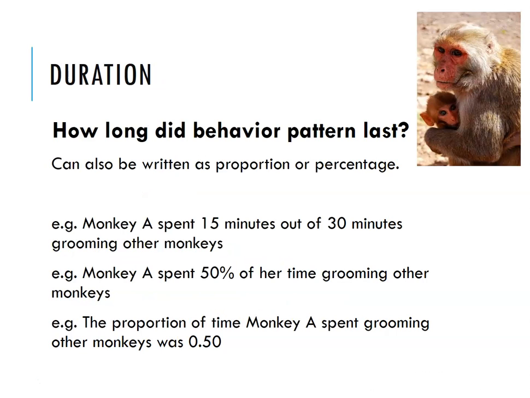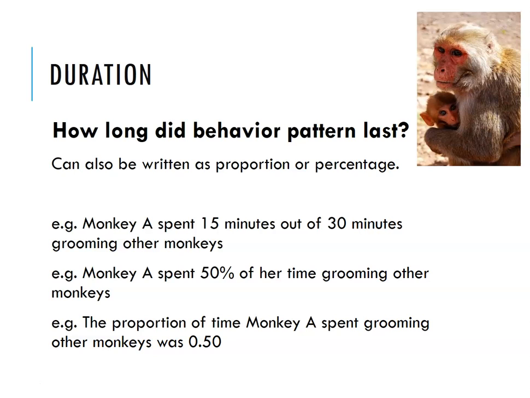Duration is looking at how long a behavioral pattern lasts. This is usually written as a proportion or a percentage. So again, looking at the total time that you're observing these animals. Out of 30 minutes, monkey A spent 15 minutes grooming other monkeys.